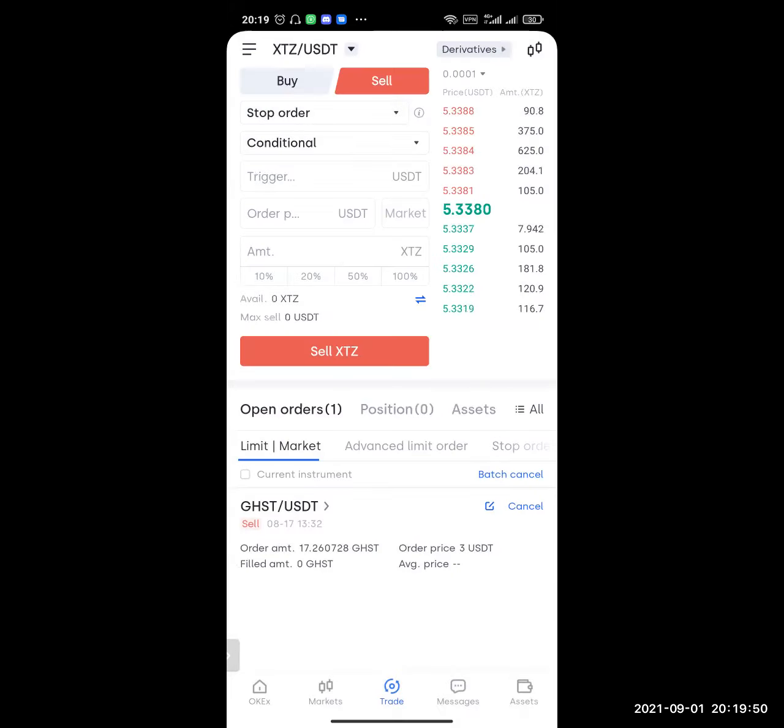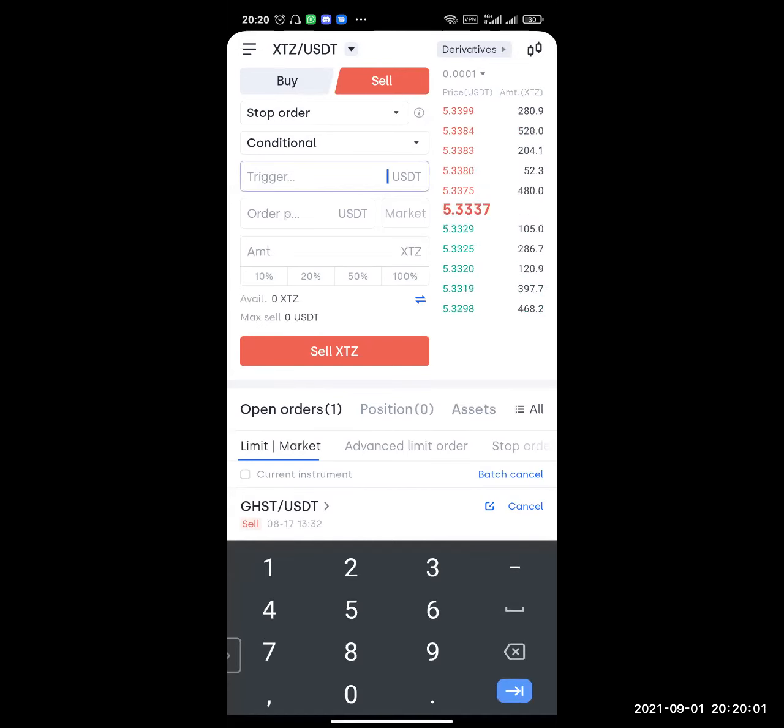Now, let's use conditional. What does conditional mean? Conditional means that you have two prices you can set. You bought at $3, you expect 100% profit at $6, but now it's more than 60% profit for you. It does not hit your expected target.